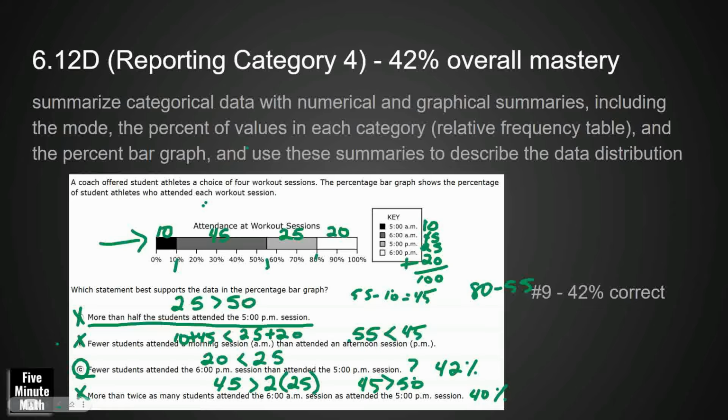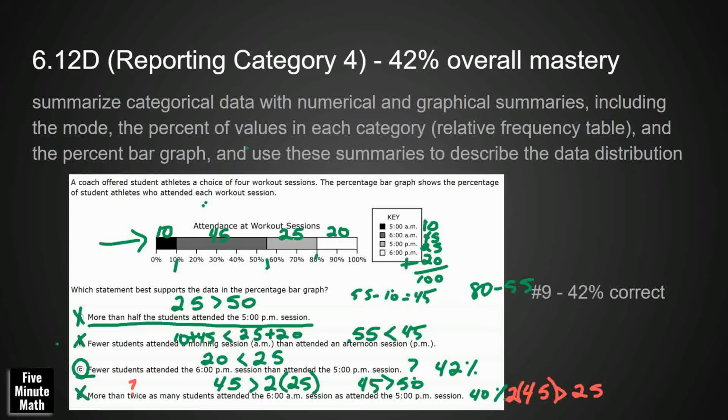So 40% chose D, which is almost as much as chose the correct answer of 42%, right? And that was confusing because more than twice as many students chose 6 a.m. So there's a few ways students might have gotten this wrong. They didn't know what to do with this twice. And if you just take that twice out of there, 45 is greater than 25. If you just evaluate the 6 a.m. against the 5 p.m., it does make sense. Or they could have misinterpreted and put the twice with the 45, and then twice 45 is still definitely greater than 25.